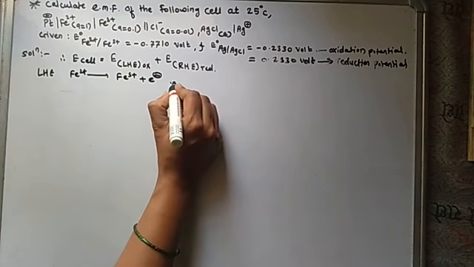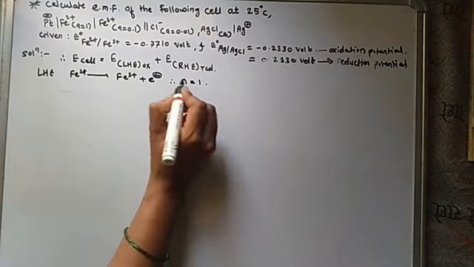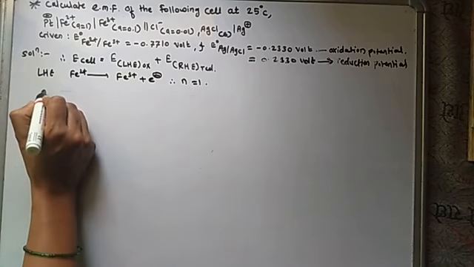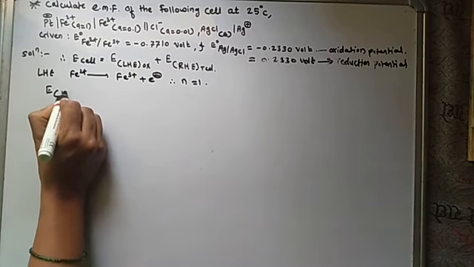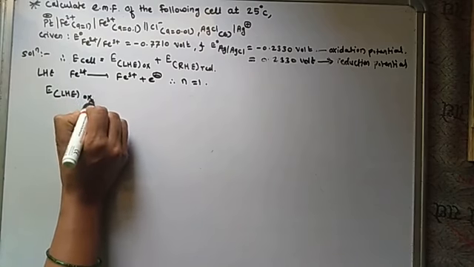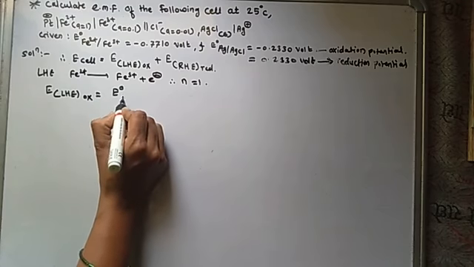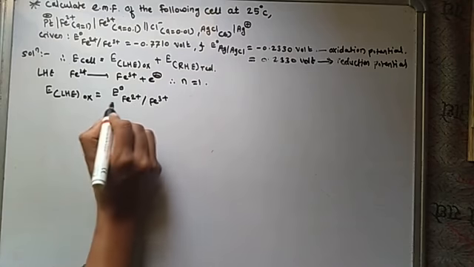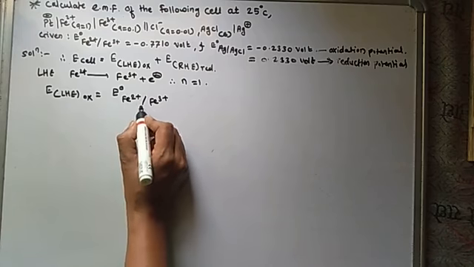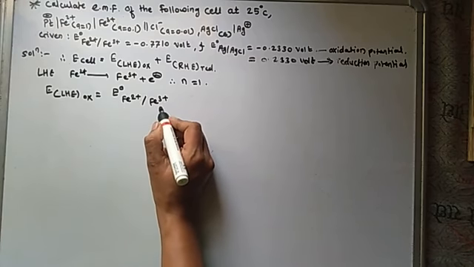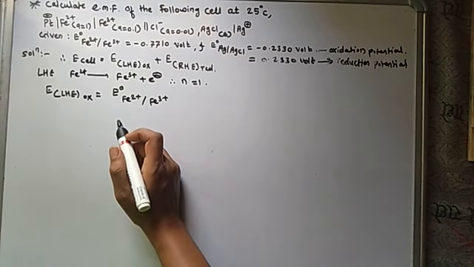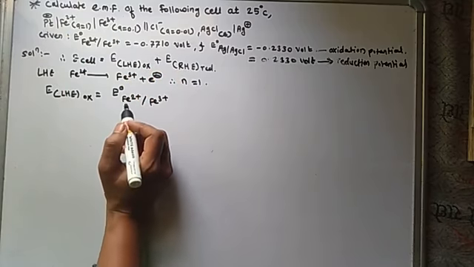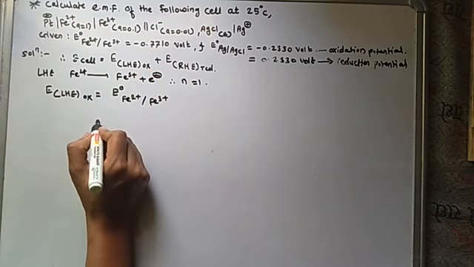It means that here the number of electrons n is equal to 1, and according to the Nernst equation, E of left hand electrode of oxidation is equal to E standard of Fe2+/Fe3+, and this E standard of Fe2+/Fe3+ is given as the potential of minus 0.7710 volts.